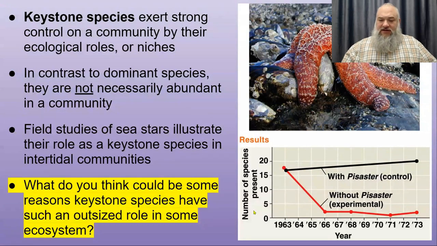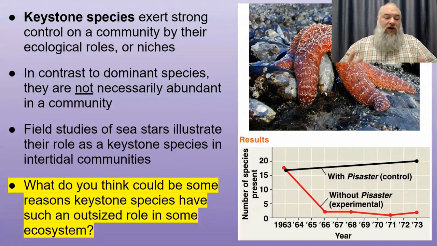The number of species present is pretty high. If you get rid of those sea stars, now all of a sudden those mussels don't have any predators, so their population explodes, and they start going crazy taking up space and eating everything else, and so your species diversity gets really low.